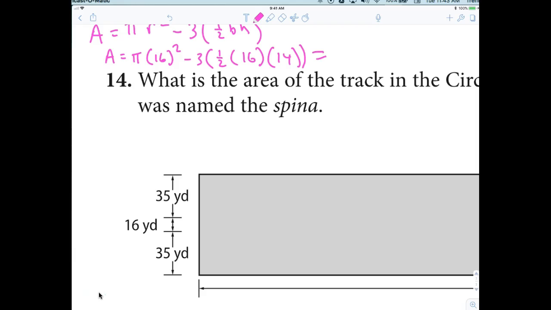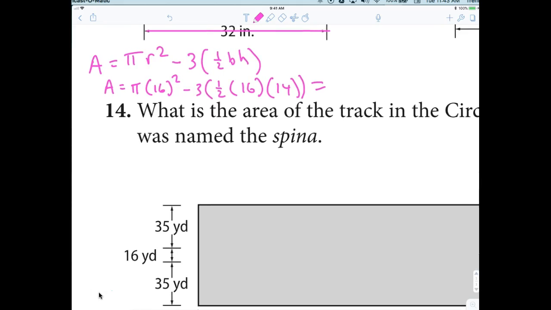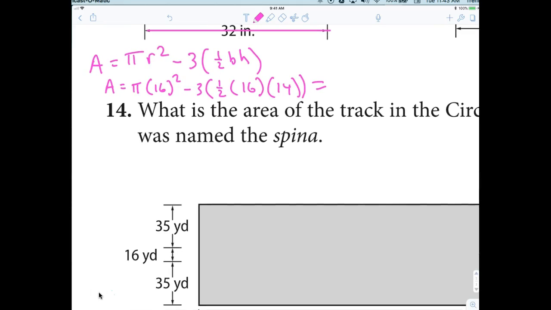Now everybody type in, please, pi times 16 squared minus 3 times 1/2 times 16 times 14. Somebody said 468 point, what did you say? 247. Anybody else get that? Don't forget to hit the on button.